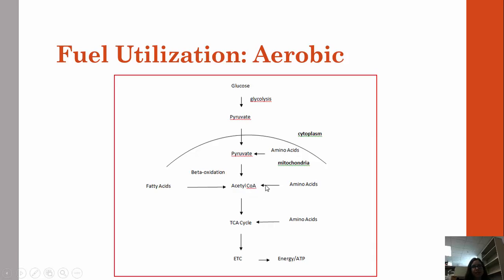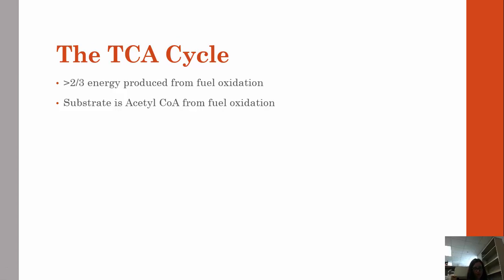So this is our common substrate of all of our macronutrients, although amino acids can enter at different sites. So acetyl-CoA then goes to the TCA cycle, which then goes to the electron transport chain, and this is how we produce energy in ATP. So the TCA cycle produces 2/3 of the energy from fuel oxidation. And again, the common substrate is acetyl-CoA.